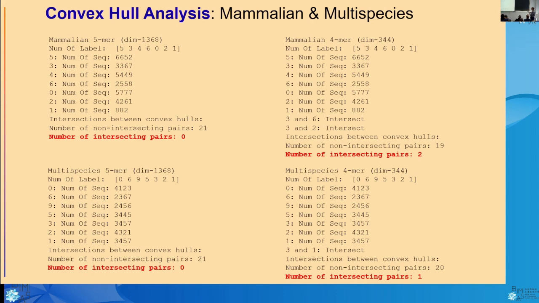If we have 7 classes, and you take 2 classes at a time, all together there are 21 possible pairs. And we say there's no intersection in their data set.